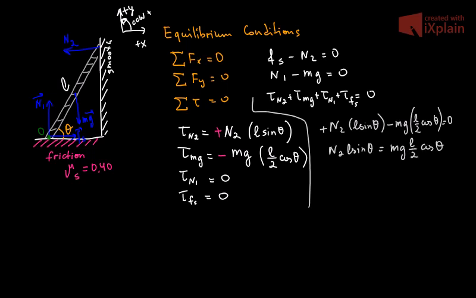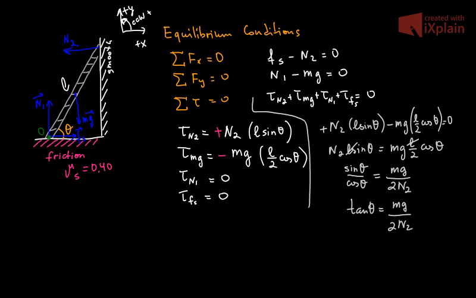You can see that the L's cancel out. Remember, my goal is to find theta. So I write sine theta over cosine theta, all the terms with theta together, equals mg over 2 N2. That makes tangent theta equals mg over 2 N2.